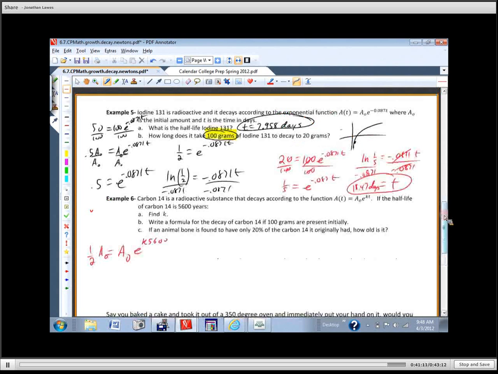Isn't this just exactly the same as part A of problem 5? Same thing. If you're more comfortable picking a number for this, go right ahead. It doesn't make any difference because you're going to divide by whatever A naught is. Those are going to cancel, and you're going to end up with this: 1/2 equals e to the 5,600 times k.